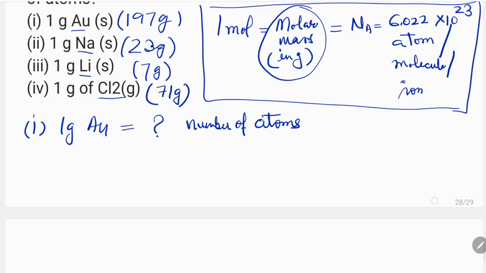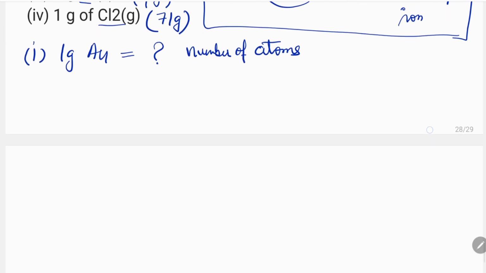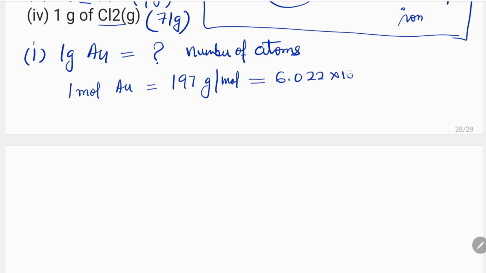Fine. All right, let's do it for gold. So 1 mole of gold is equal to 197 gram per mole, which is the molar mass, and it should have 6.022 into 10 raised to power 23 atoms of gold.